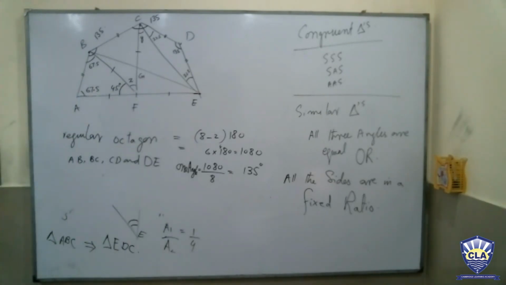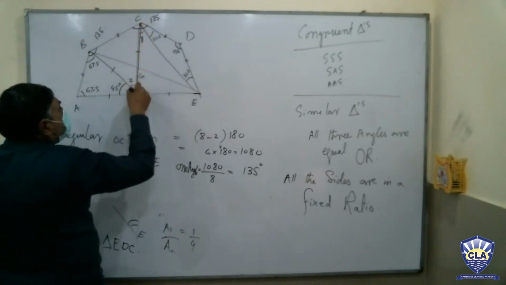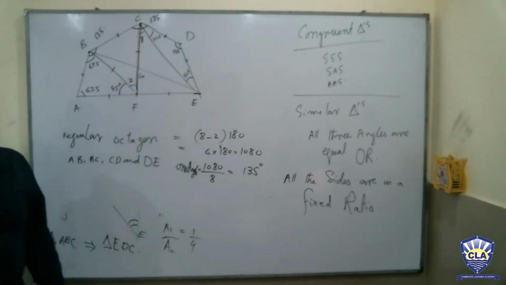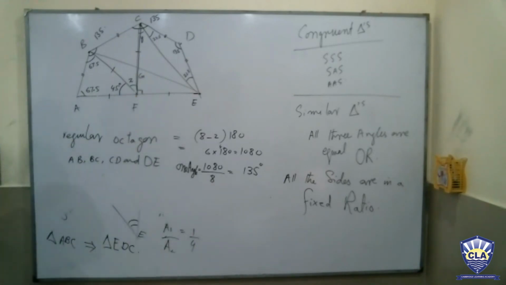Sir, which one was the straight line? Z is a straight line. 90 minus 45, because it is a straight line and perpendicular. So Z will be 45. Z is also 45.